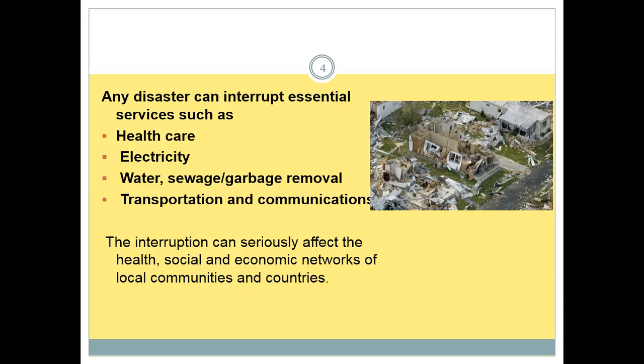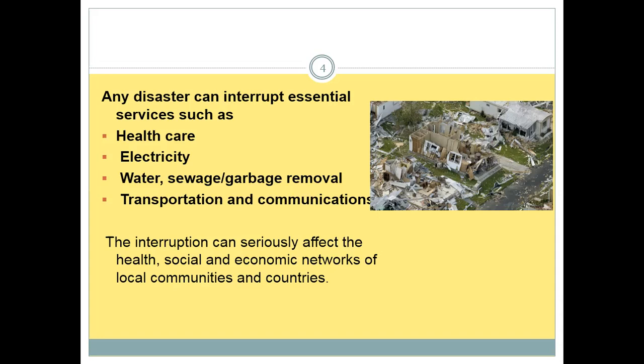These are the natural environmental disasters that can cause serious health issues. And of course, there are man-made disasters, where the major impact was the COVID situation. In the environmental factors, electricity, water sources, garbage removal services, transportation and communication can all be affected.